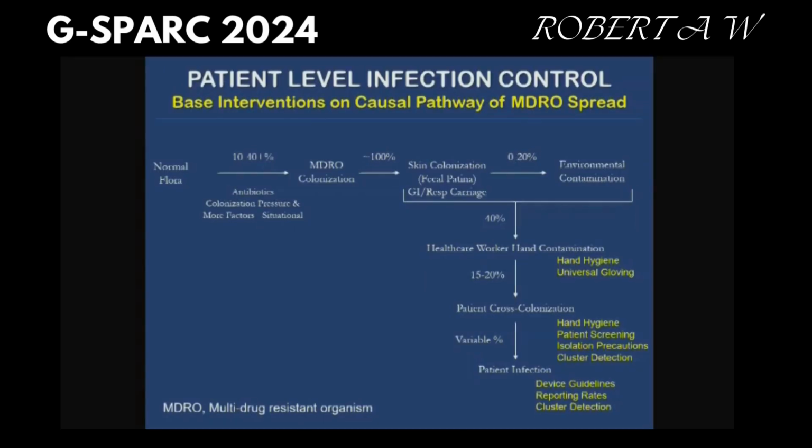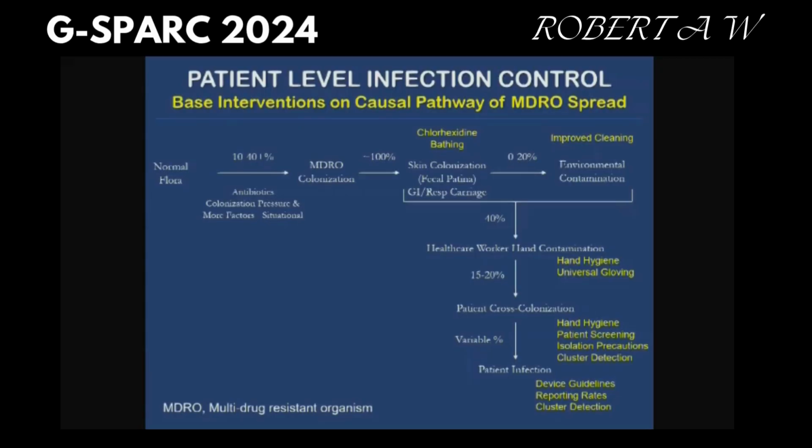Hand hygiene to lessen the chance of spread on healthcare worker hands, and universal gloving, that is, putting on disposable examination gloves between patient contact. Moving up the causal pathway, improved cleaning, and then as we move closer to the beginning of the causal pathway, because the better we are at intervening early in the pathway, the less patients will progress down the pathway.